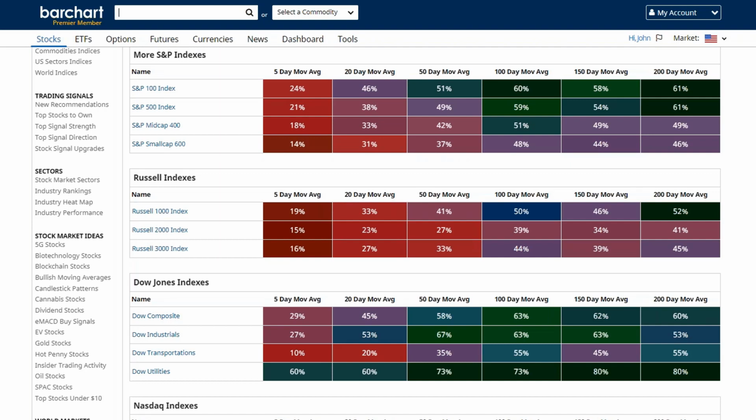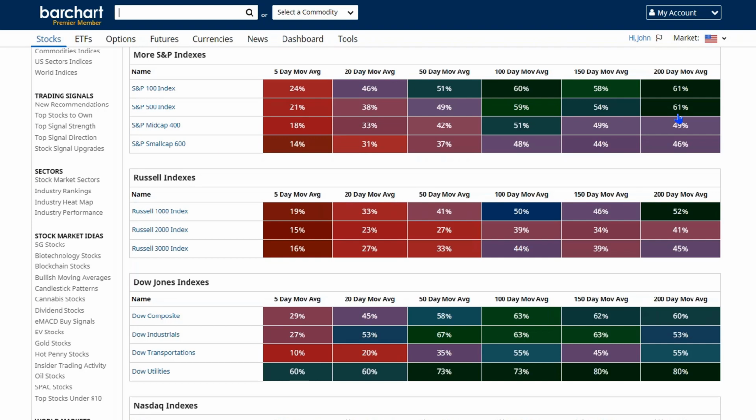Let's first start with the S&P 500. You can see that about 60% of the S&P 500 are above the 200-day moving average, so we're still in that uptrend. But if we look at our 50-day, it's only 49%, about 50%, a much lower number. And if we look at an even shorter time frame, the numbers get smaller.